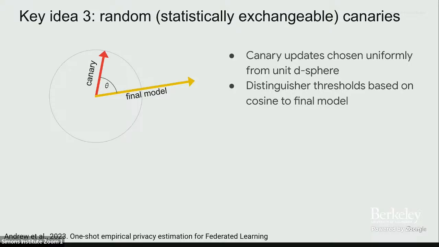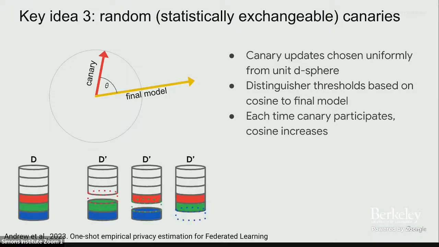That's the cosine angle, and that's going to be our test statistic. Based on that cosine angle, we're going to either say the canary was in or out. If it's in, we expect that dot product to spike up, because the model would have seen the canary, and so these things should be aligned somehow. It's going to be large, and if not, it's going to be small. Yeah, the cosine increases.